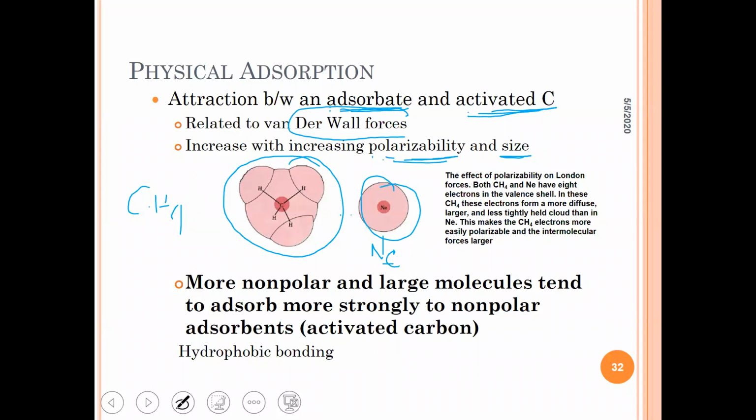So because of this structure, although they have a similar number of electrons, the size is different. If the size increases, then it is possible that the polarizability will increase also, and then its interaction with the water will be less. Interaction with the adsorbent will be more.